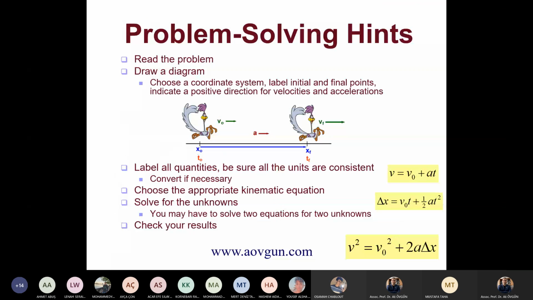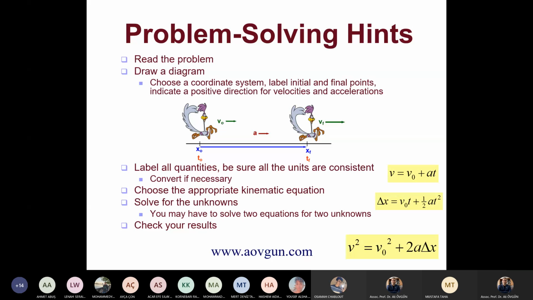So how can you solve the problems? The best way to gain confidence in the use of these equations is to work a number of problems. The following procedure is recommended for solving problems involving accelerated motion. First, read the problem, then draw a diagram, choose a coordinate system, label initial and final points, indicate the positive direction for velocity and acceleration, because directions are important, label all quantities, and be sure all the units are consistent, converting if necessary.